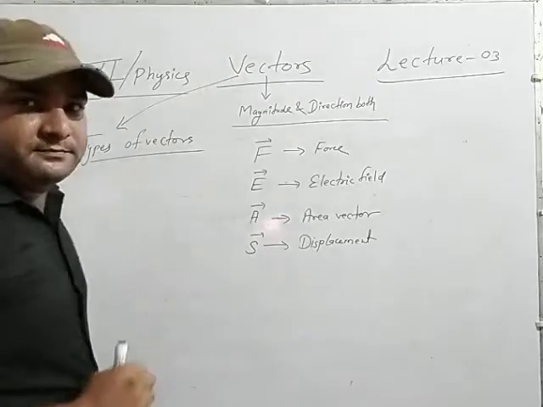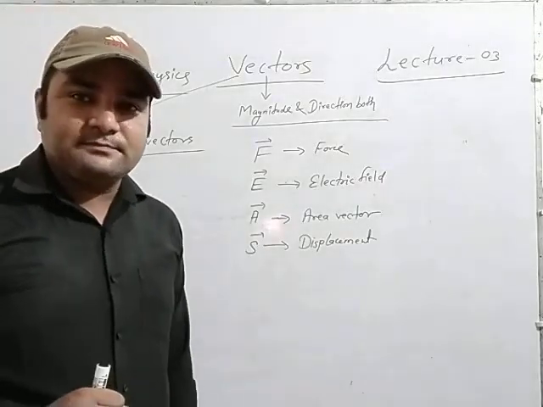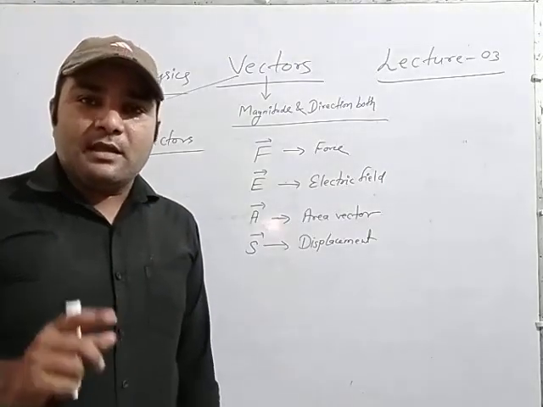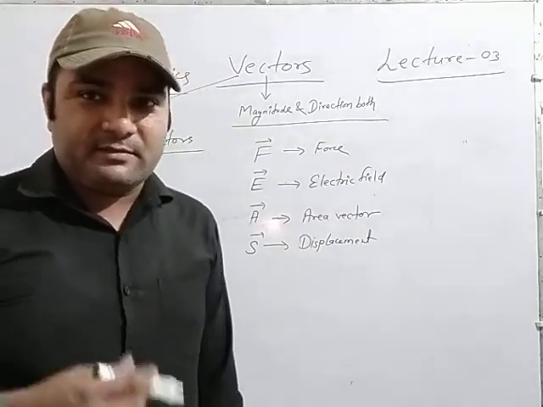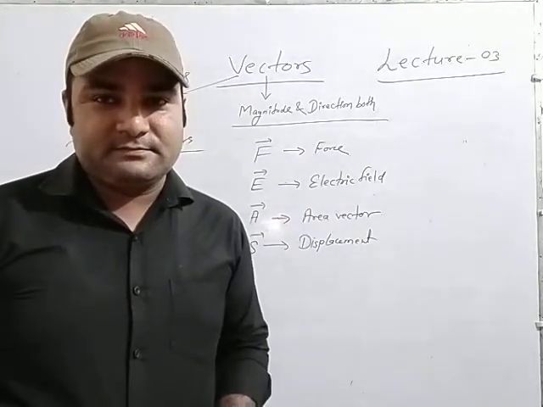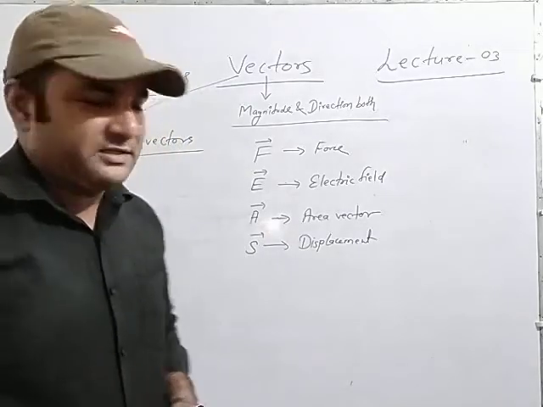Mainly two types: number first, polar vectors, and number second, axial vectors. Clear? Very simple concept.